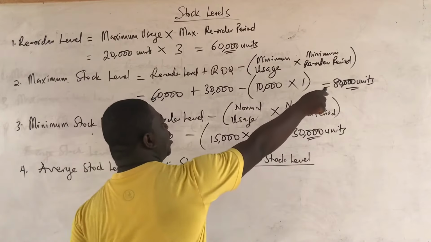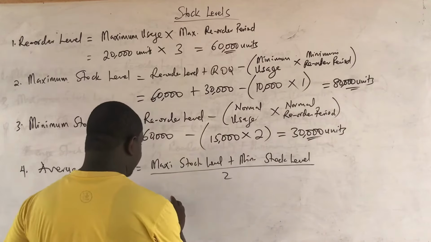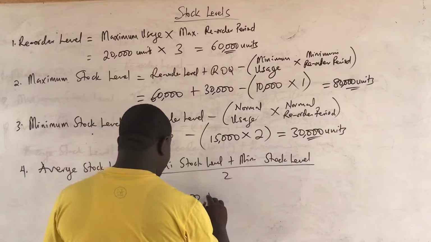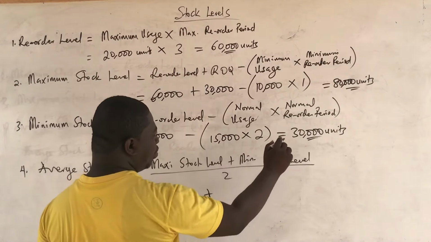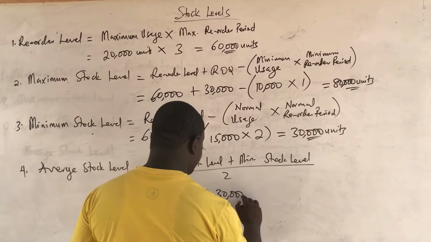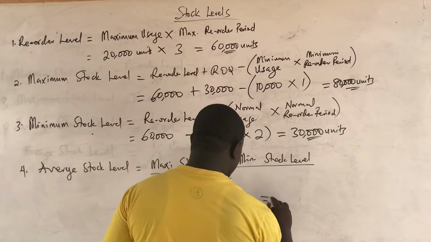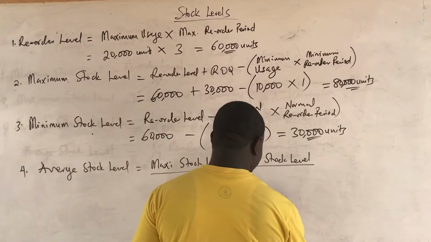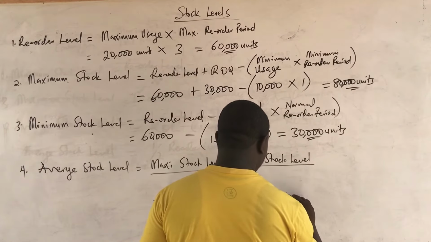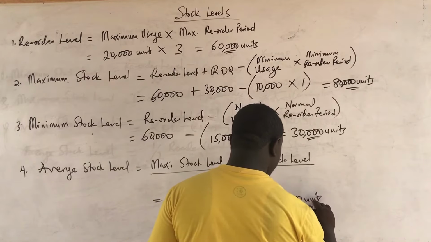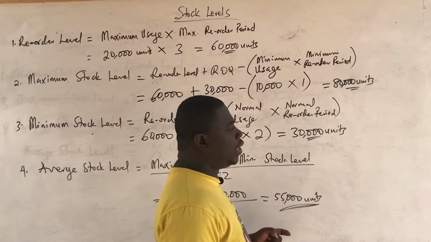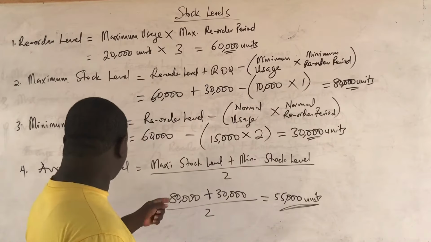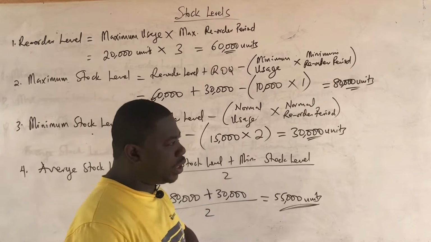We calculated the maximum stock level to be 80,000. So 80,000 units plus minimum level of 30,000 units divided by 2, and that is going to give us 110,000 divided by 2, which is 55,000 units. So this is the average stock level, 55,000 units.